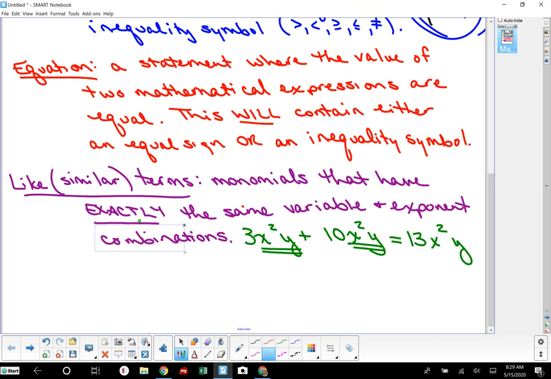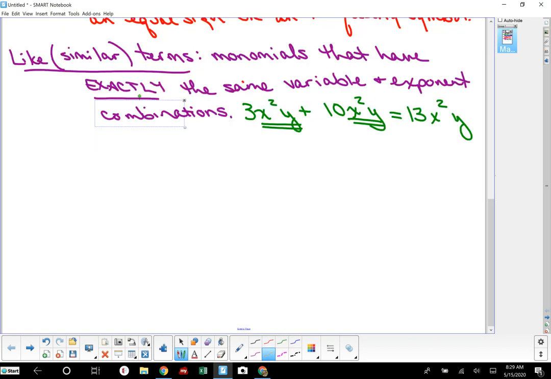And then lastly, we have a coefficient. And your coefficient is the number in front of a variable.